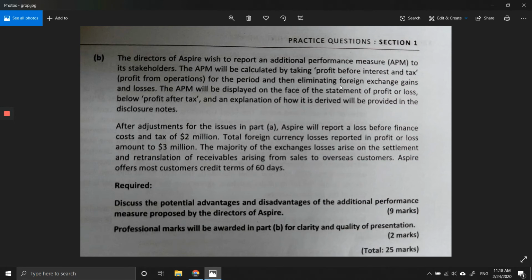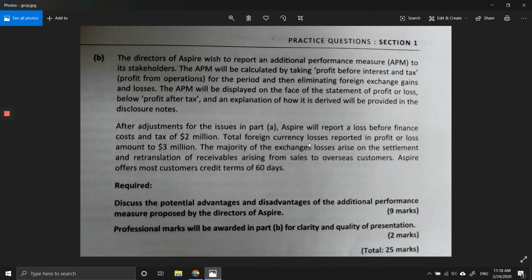Wish to report APMs to its stakeholders. Will be eliminating foreign exchange gains or losses. APM will be displayed on the face of SOPL below profit after tax, and the explanation of how it is derived will be provided in a disclosure note. After adjustment for the issues in Part A, Aspire will report a loss before finance cost and tax of $2 million.